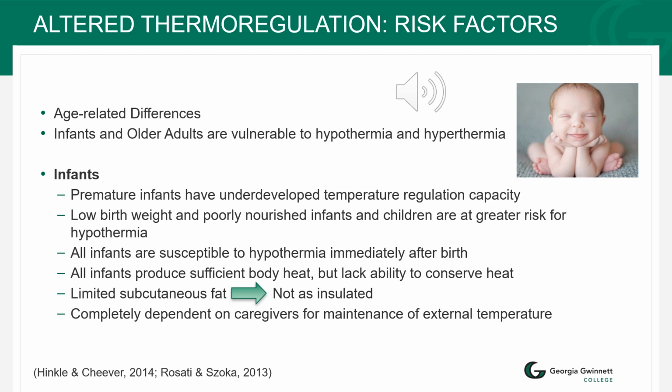Oftentimes infants are not as well nourished, and the low birth weight infants are at greater risk for hypothermia, so they can't maintain that temperature. They lack the ability to conserve heat. They have limited subcutaneous fat, so they're not as insulated. And because they're infants, they're completely dependent on their caregiver to control that external temperature to help them regulate their body temperature.